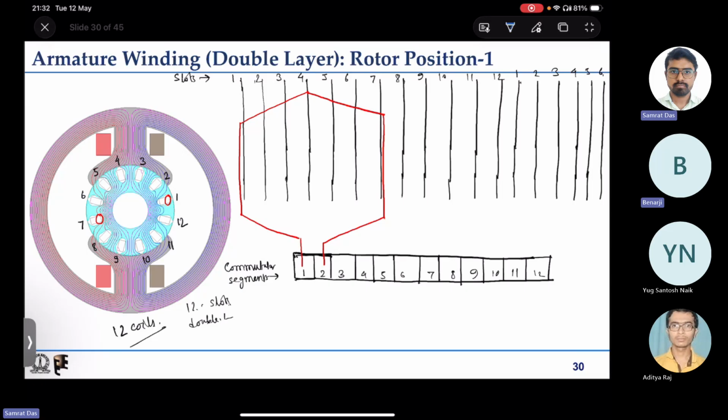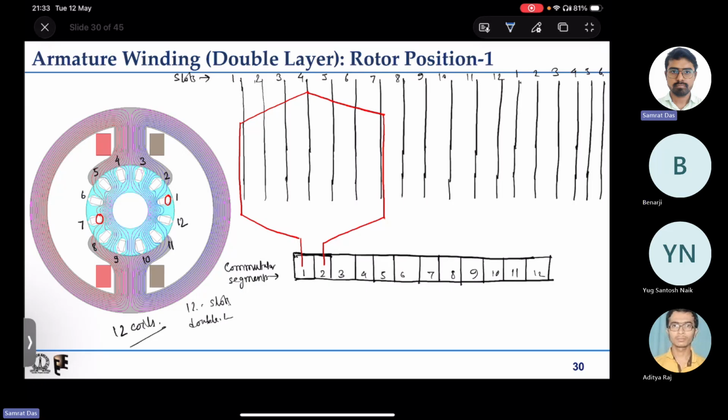But what my thinking is, to form a coil in case of double layer winding, why is one on the top and the other at the bottom? You are saying in slots 1 and 7. Why cannot both be the lower, bottom conductor in both the slots?